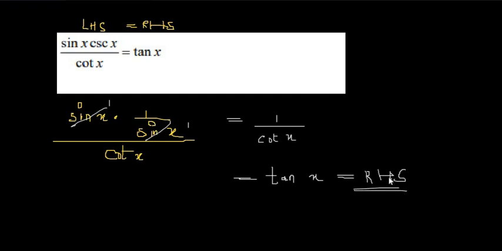So once you know the identities, it becomes really easy to judge what you have to use and what you do not have to use. As you can see, for the cot x, I did not use the quotient identity because it was unnecessary, because in the RHS you saw the tan x, and cot x and tan x relationship is the reciprocal identity. So I have used the reciprocal identity over here, not the quotient identity.